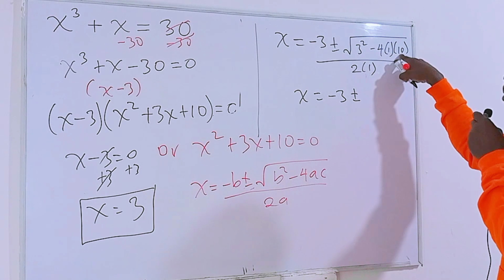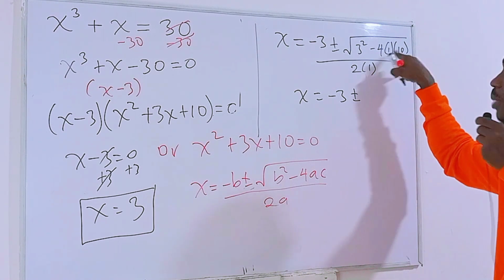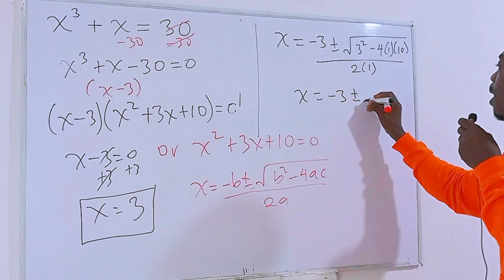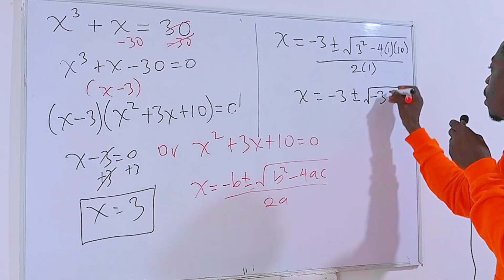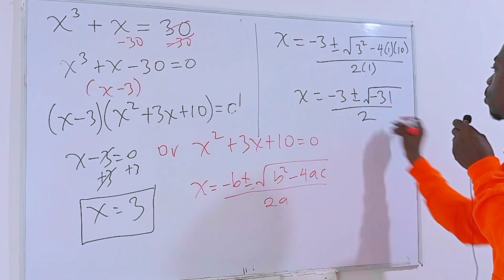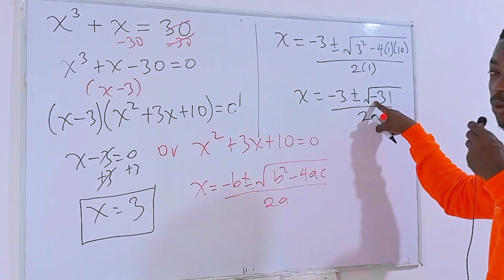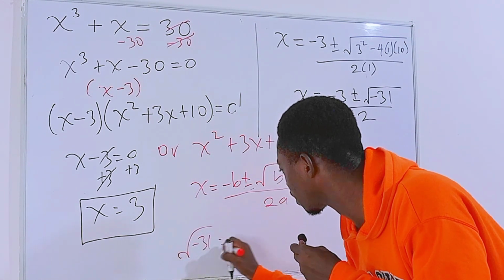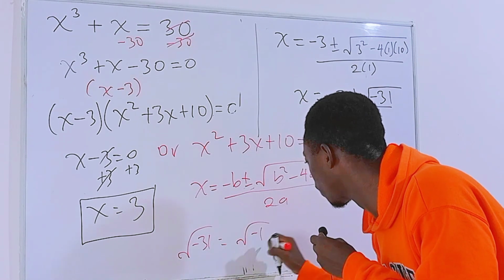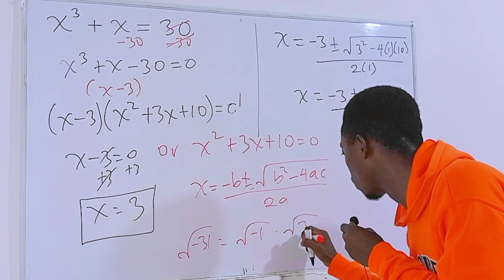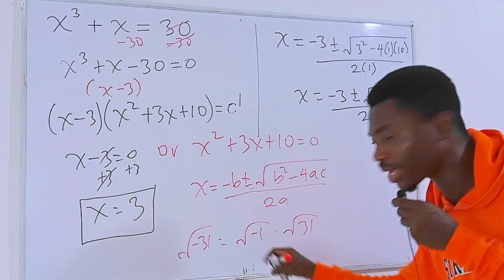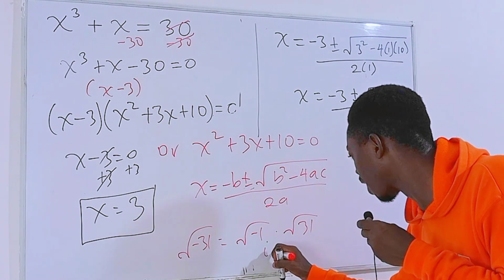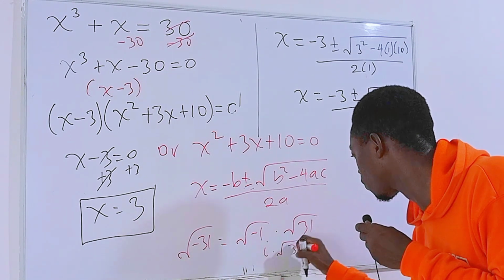Negative 4 times 1 times 10, that is negative 40, plus this 9, making negative 31, all divided by 2. Square root of negative 31, we have square root of negative 31. This is the same as square root of negative 1 times square root of 31. Square root of negative 1 is i, then times square root of 31.